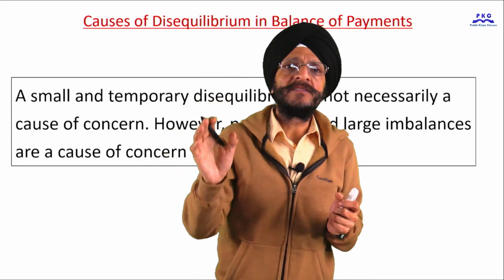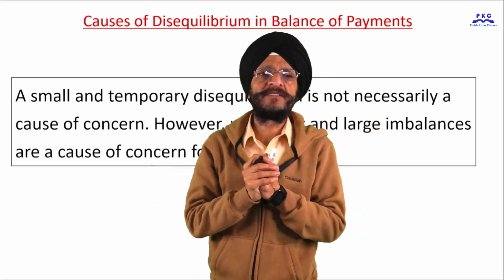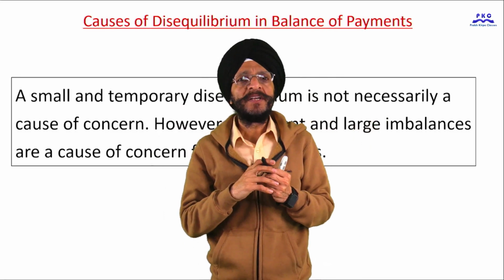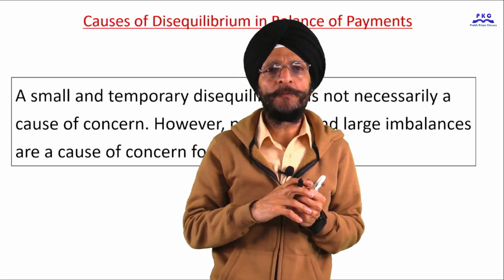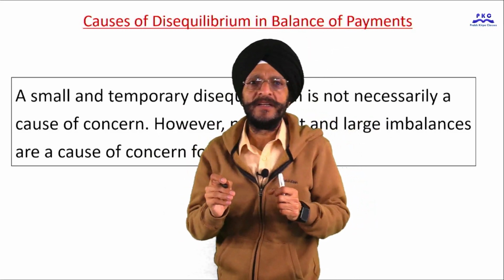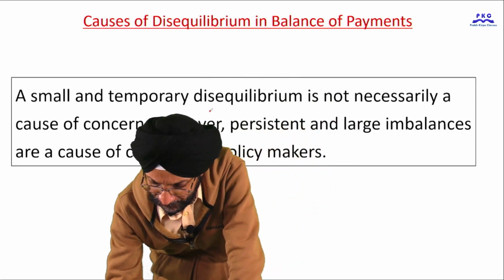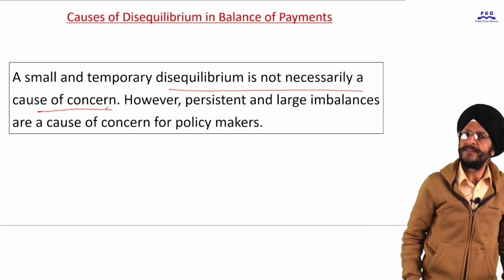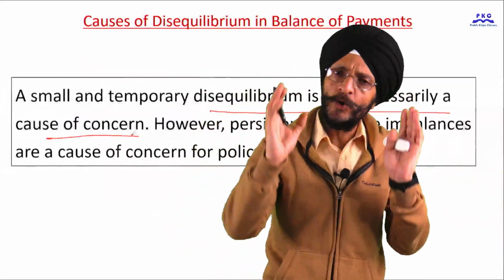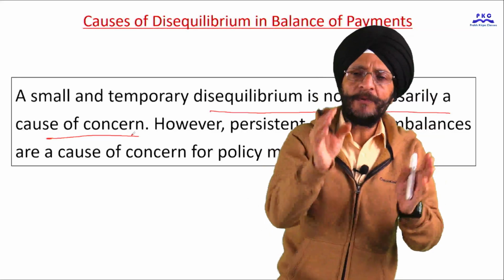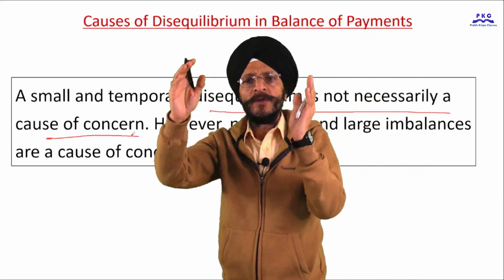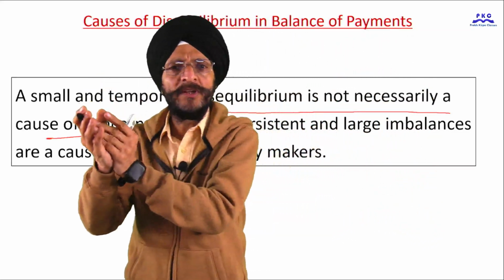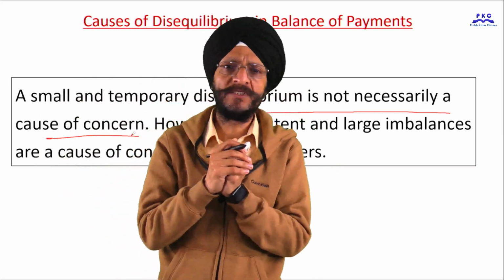So we have discussed all the points which may result into disequilibrium in balance of payments. A small and temporary disequilibrium is not necessarily a cause of concern. There may not be any problem if such type of disequilibrium, that is the outflow of foreign exchange is more in a particular year. It may not be a cause of concern.